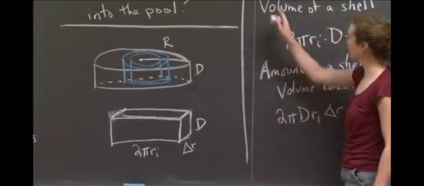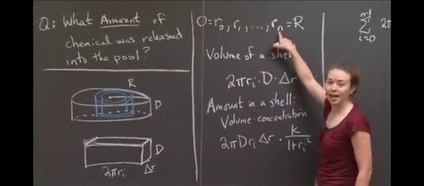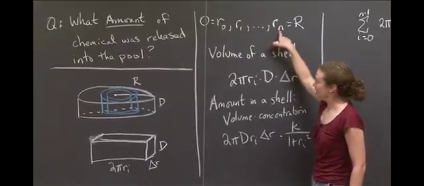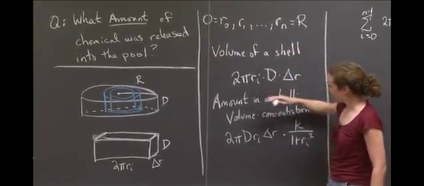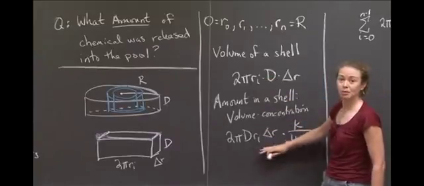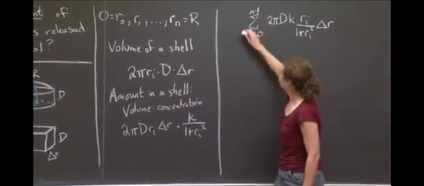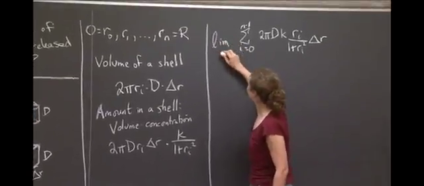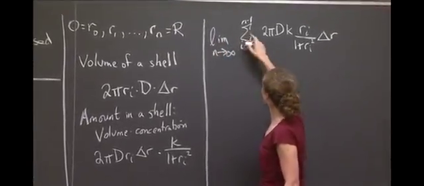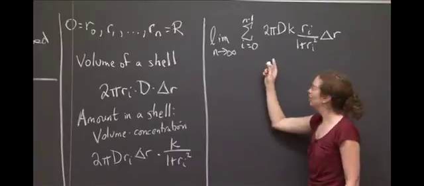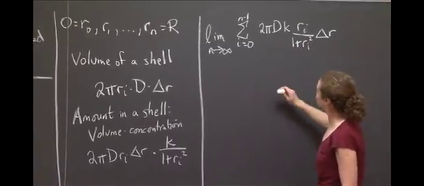So I'm coming over here, and now I'm letting the n get bigger and bigger. As n gets bigger and bigger, these values are still determined the same way, but this n is getting larger and larger. So I can take the limit as n goes to infinity of this quantity to get the exact amount.